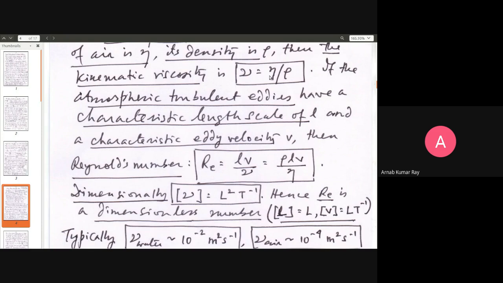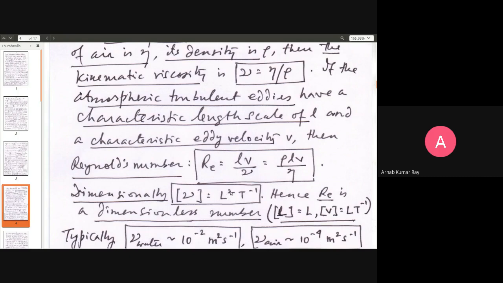And nu is eta by rho. What is the dimension of rho? Mass per volume, m L raised to minus 3. You can check that dimensionally. It's a simple exercise. You can do these things by yourselves now. So you can check that dimensionally nu will have L squared t raised to minus 1. Basically, L squared t raised to minus 1 is L into L t raised to minus 1. This is what will happen when you multiply length with a velocity.